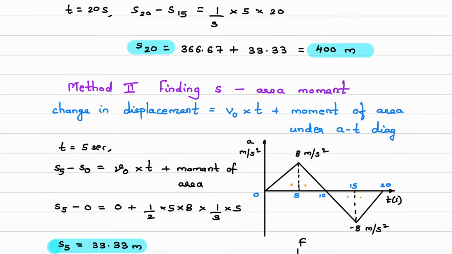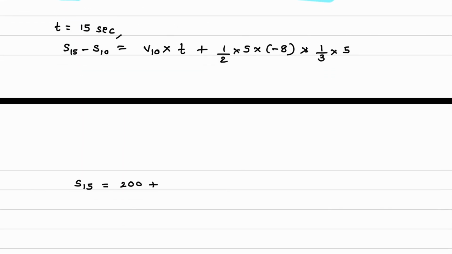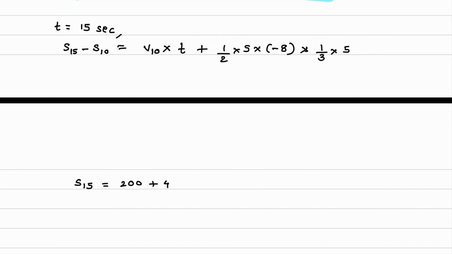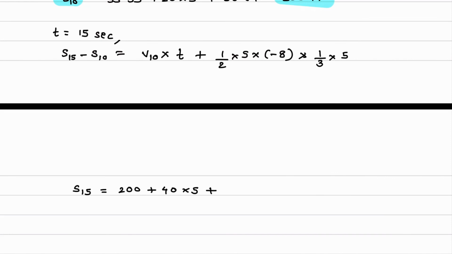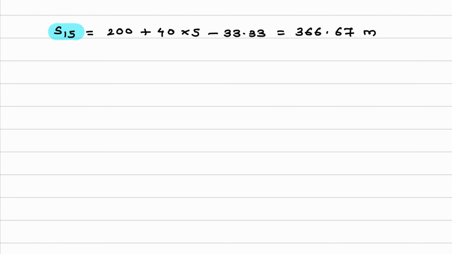So 40 into 5, plus this value is negative, so it will be minus 33.33. So finally S15 is equal to 366.67 meter. So we will highlight this.